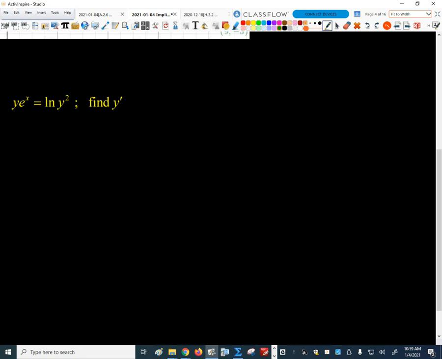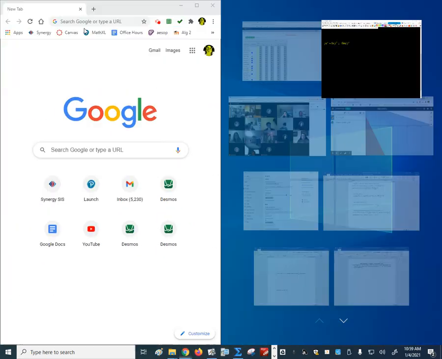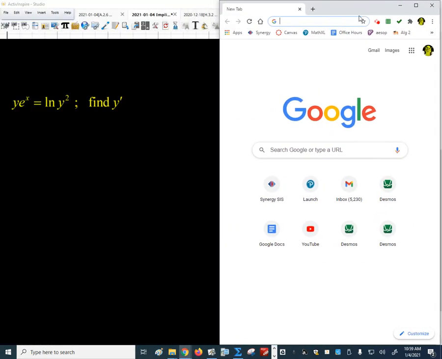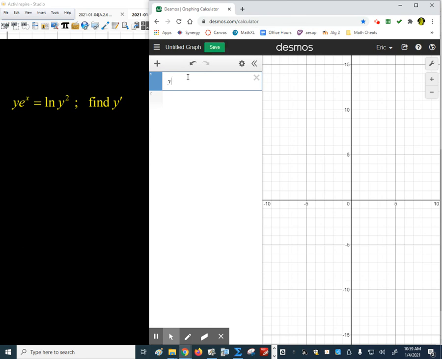So I've got to come up with a different strategy if I want to be able to deal with derivatives of this function. And I should be able to, because let's try graphing this thing. If I graph this function, it looks a little bit strange.